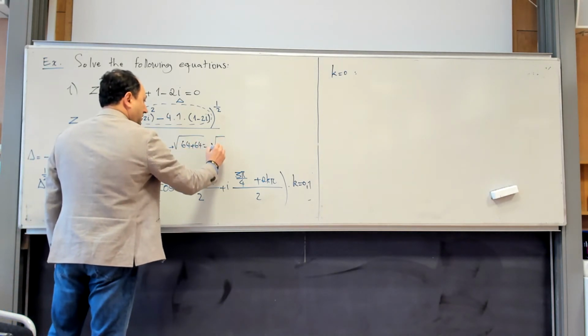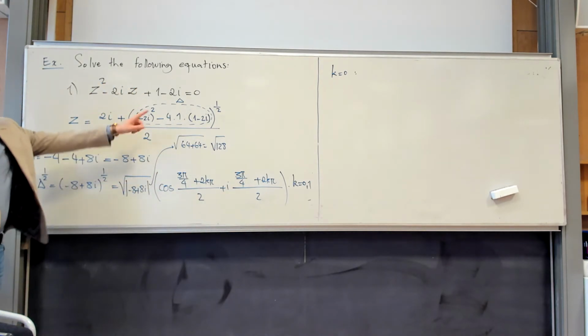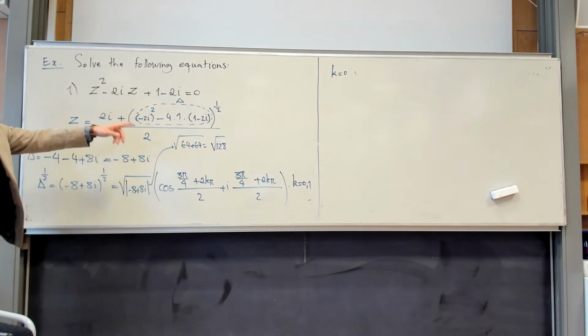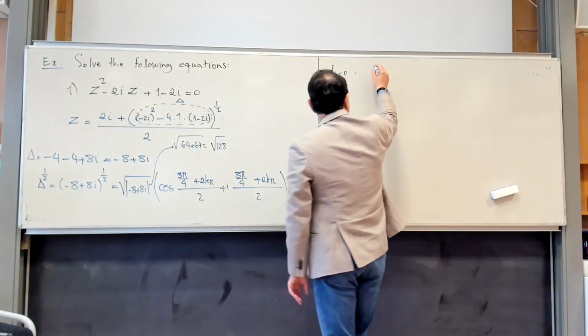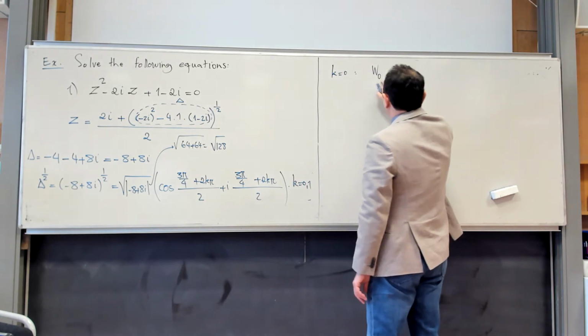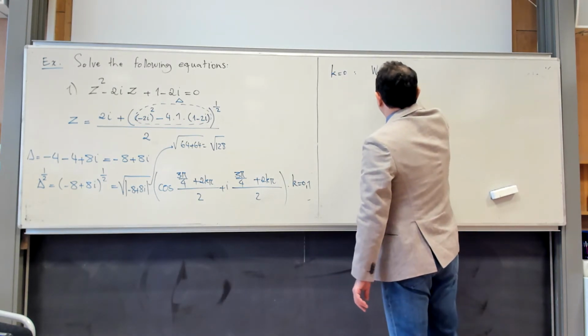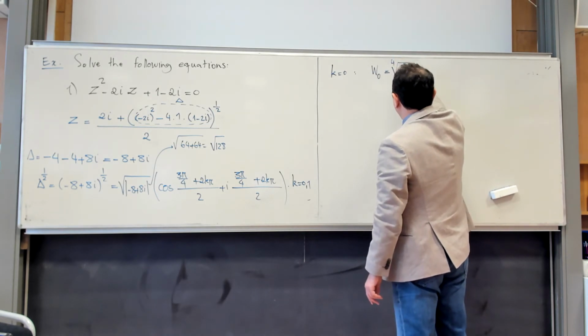Square root of 128. But I need another square root on top of that, yes? Which becomes the fourth root of this number, yes? So let me write the principal value, let us write W0. It is good because this is 0. So this becomes the fourth root of 128.